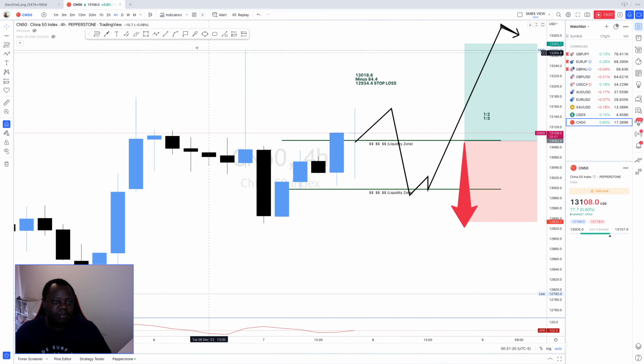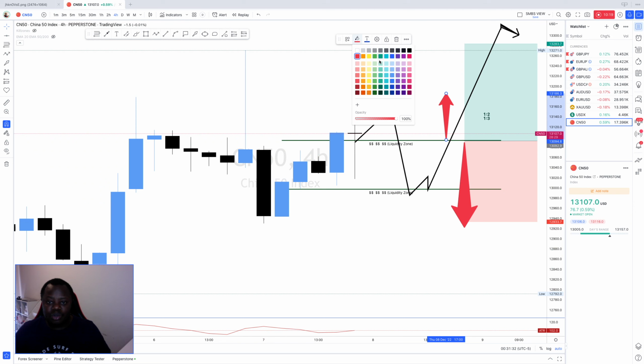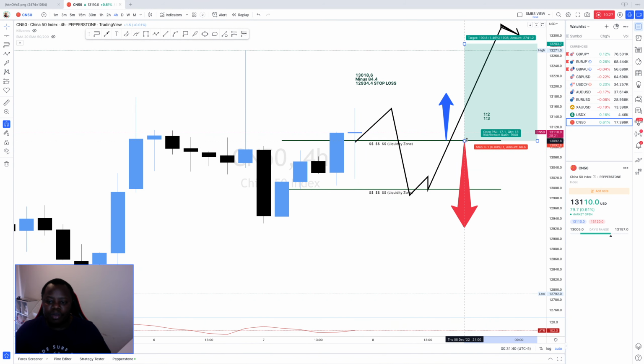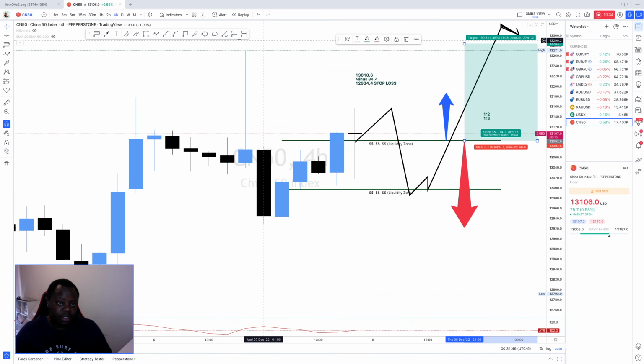If this is my entry point and price moves up, normally I'll change it once it is 20 pips into profits. As soon as it's 20 pips into profitability, I'll move my stop loss from here up to my entry point. The entry point is what we call the equilibrium point.